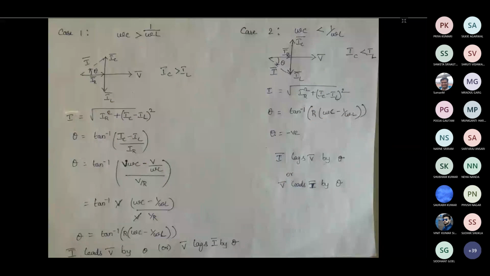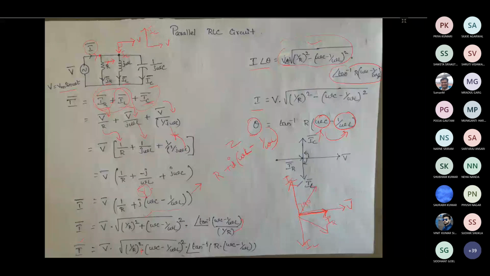Okay, so we will see that if omega C is greater than 1 by omega L, it means that the circuit is more capacitive. So in that case, from this figure, if omega C is greater than 1 by omega L, then here the capacitive part will be higher. If the capacitive part is higher, the overall current will be coming in this manner.